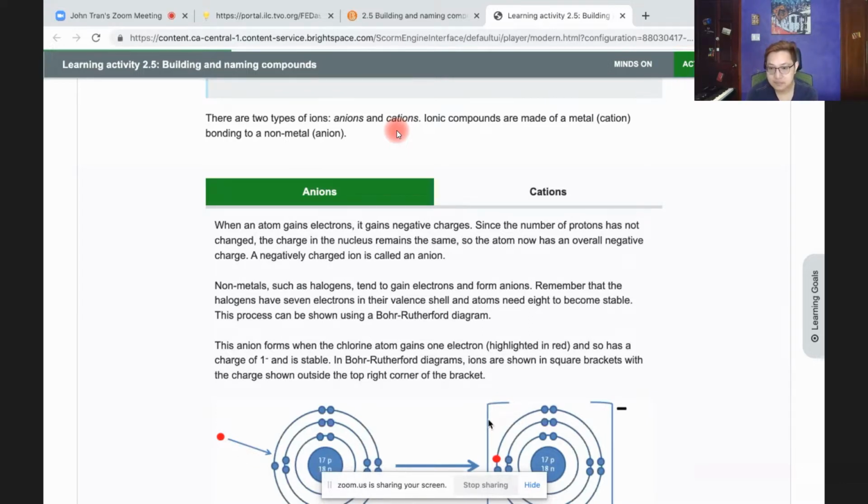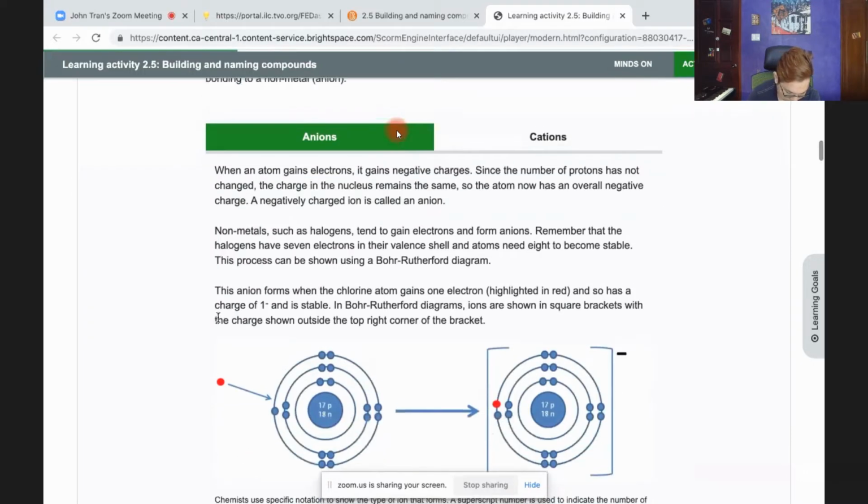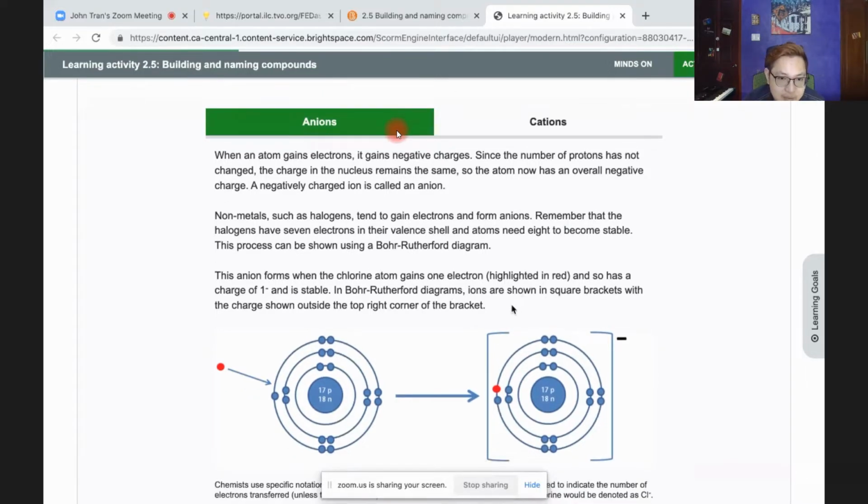This anion forms when the chlorine atom gains 1 electron, highlighted in red right here, and so has a charge of 1 negative and is stable. In a Bohr-Rutherford diagram, ions are shown in square brackets with the charge shown outside the top right corner of the bracket.